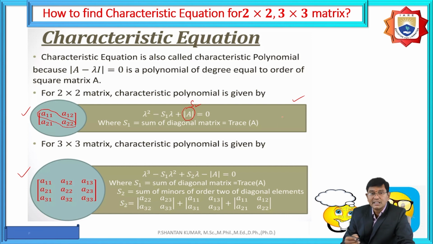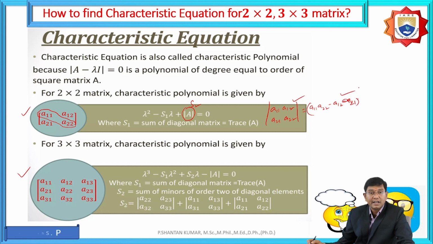As you know, for a 2 by 2, the determinant is AD minus BC, that is A11 A22 minus A12 A21.